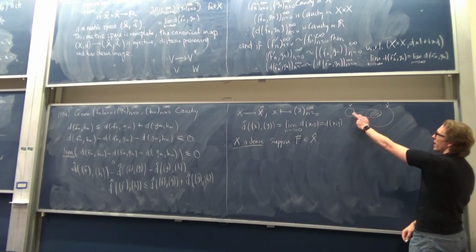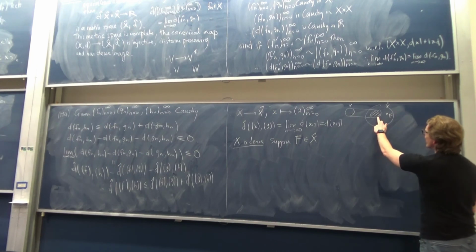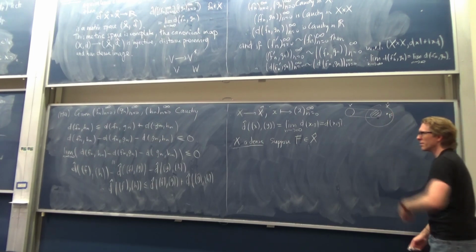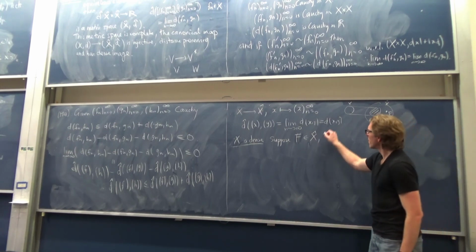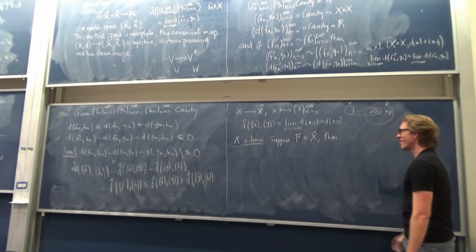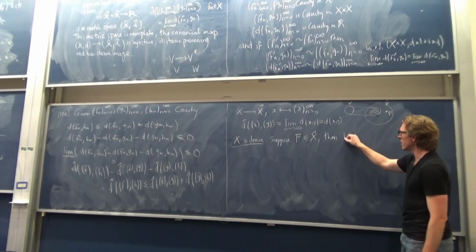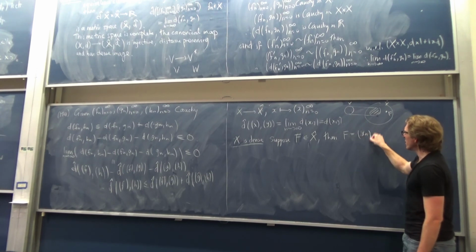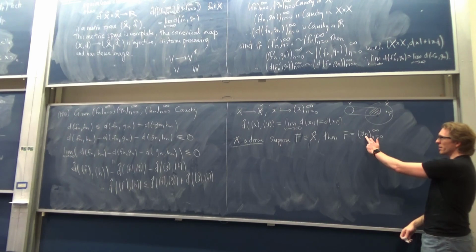I'm just going to identify x with its image, and I need to prove that any element in the target metric space has some Cauchy sequence in that subset converging to it. Well, if you just unpack what f is, it tells you what that sequence is, right? Because anything in x hat looks like xn, n to infinity. The points of x hat are Cauchy sequences.